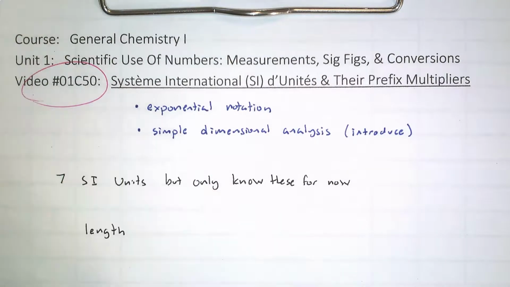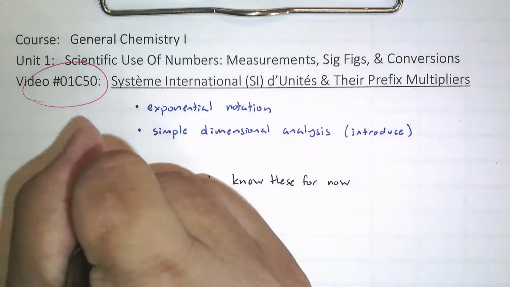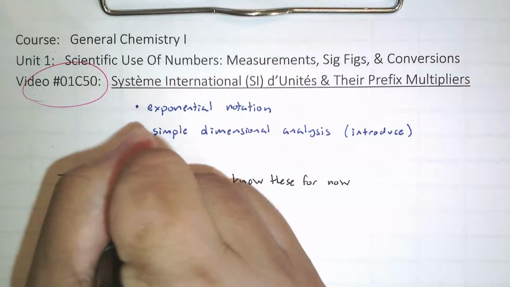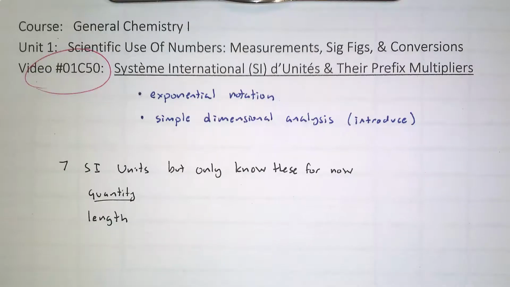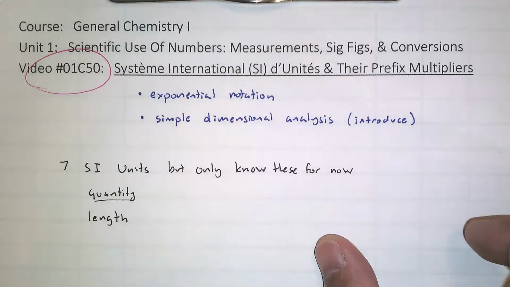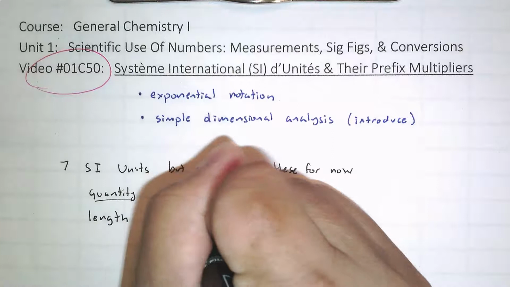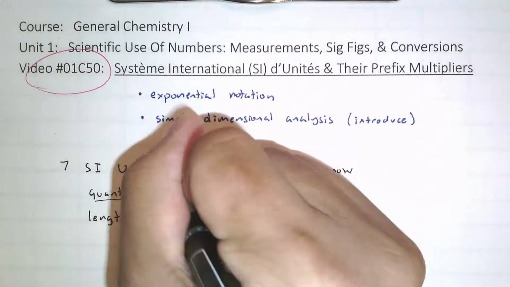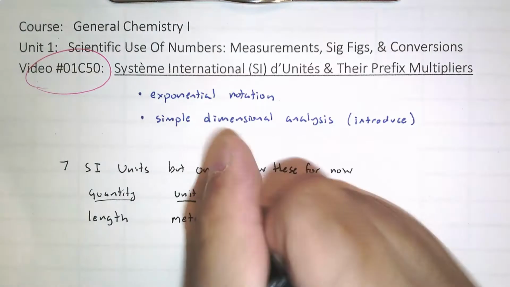How should we label our column? We should label it a quantity. So the SI unit for length is going to be the meter. And the symbol is M.